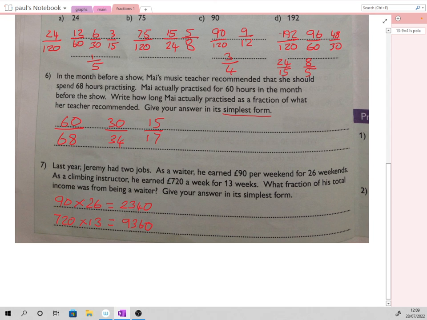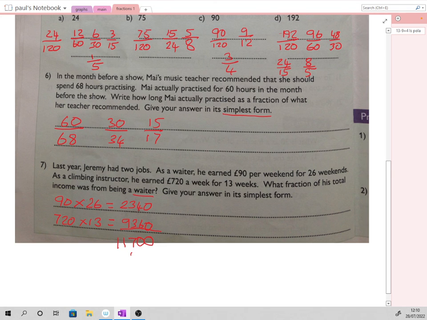Now the total income, we need to add these 2 numbers together. So there's the total income, 11700, and we need the fraction of being a waiter.